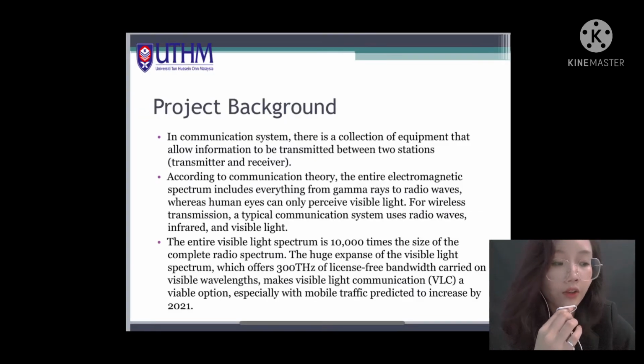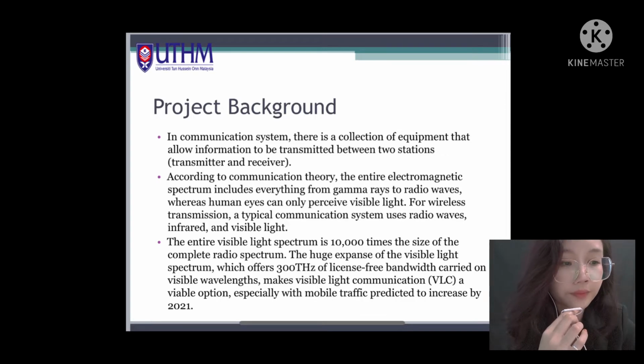First, I'm going to present the background of my project. In a communication system, there is a collection of equipment that allows information to be transmitted between two stations, which are the transmitter and receiver.